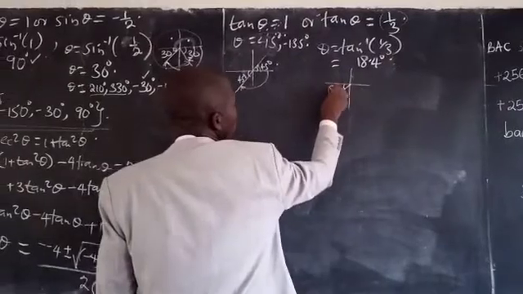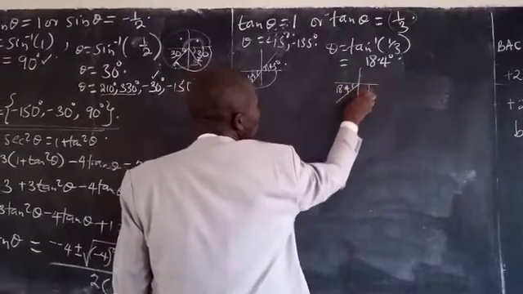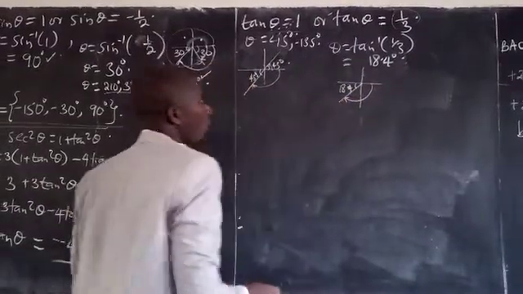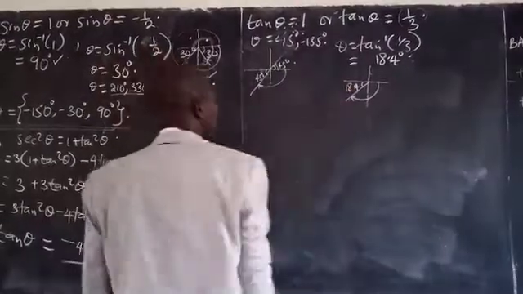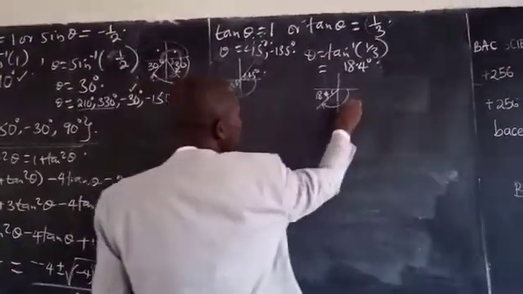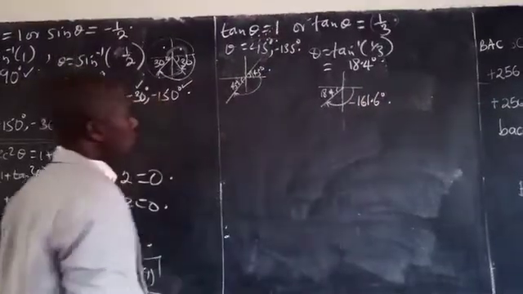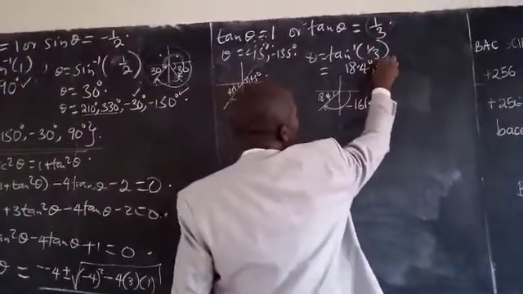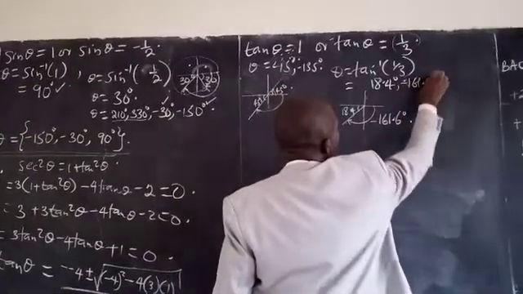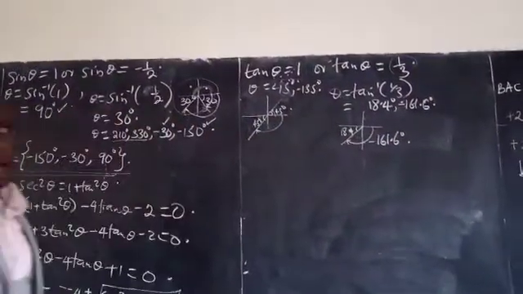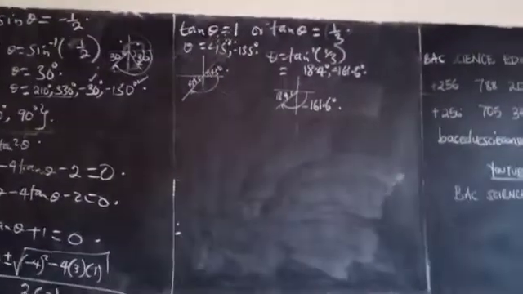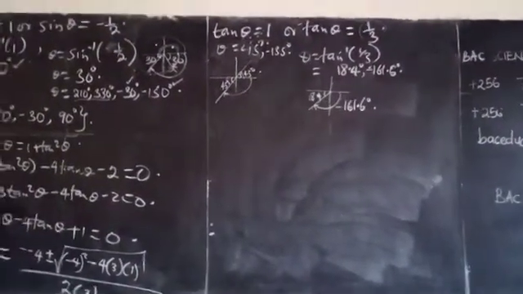So this is 18.4. If you are to get the whole of this angle, it will be 180 minus that, in the negative, and it will be negative 161.6 degrees. So therefore, another one is negative 161.6 degrees. Other values are likely to be out of the given range.